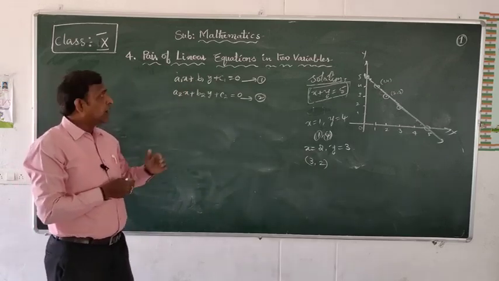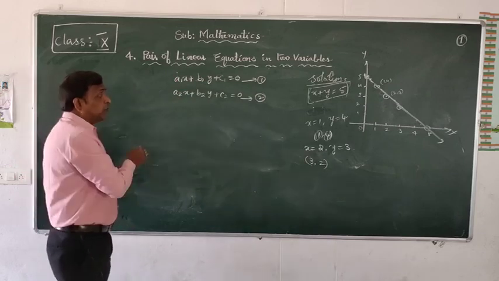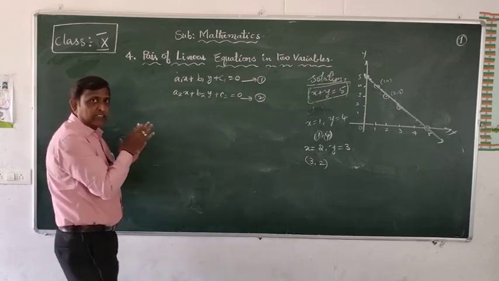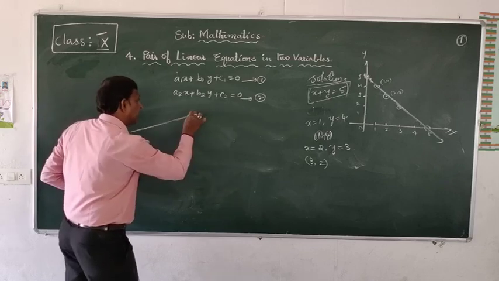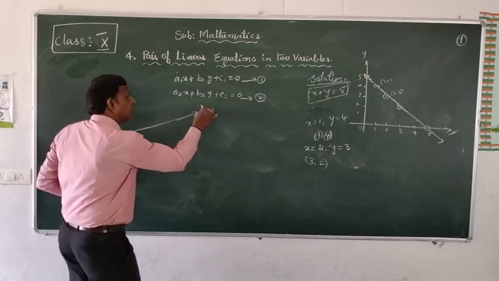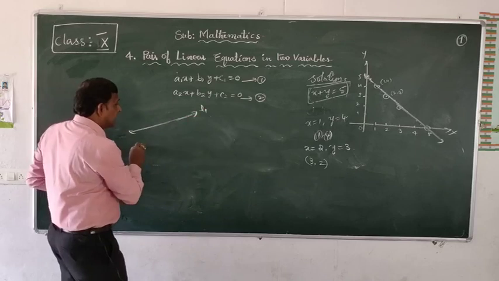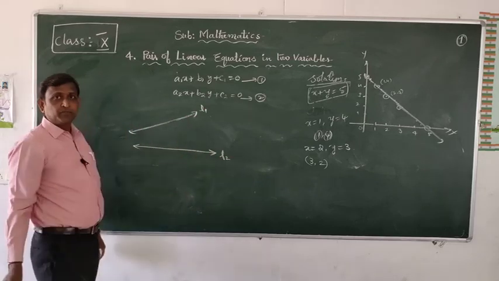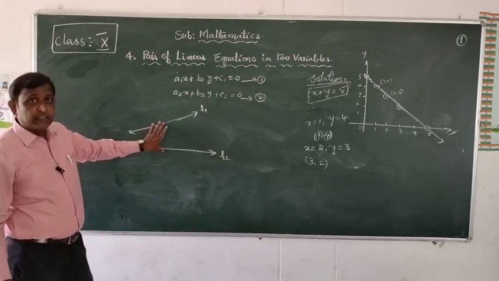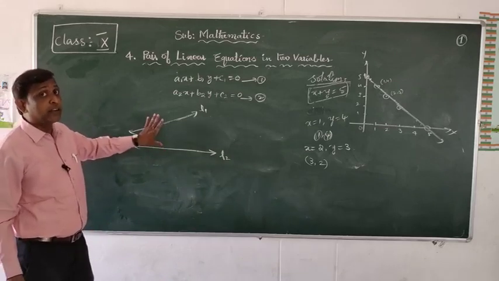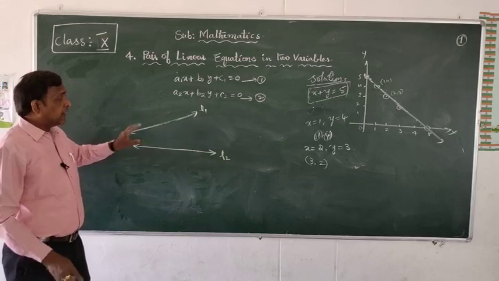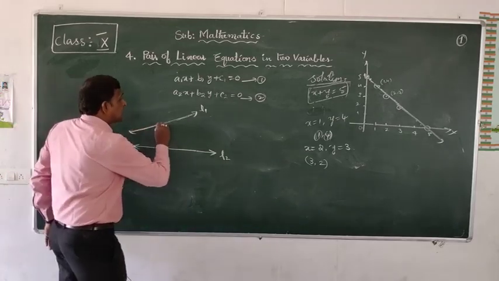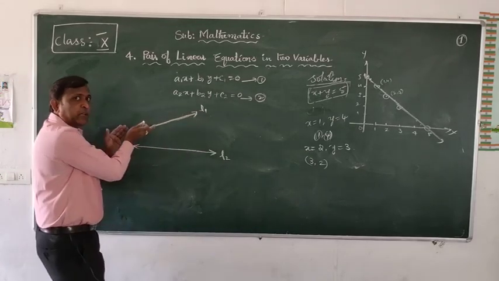Now just see here, if I take two straight lines on the plane, this is L1, line 1, and this is line 2, L2, like this. These are the two lines which are on the same plane, coplanar lines. On this straight line there are infinite many points.